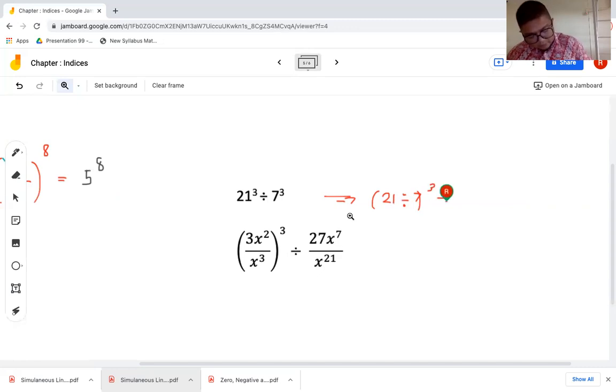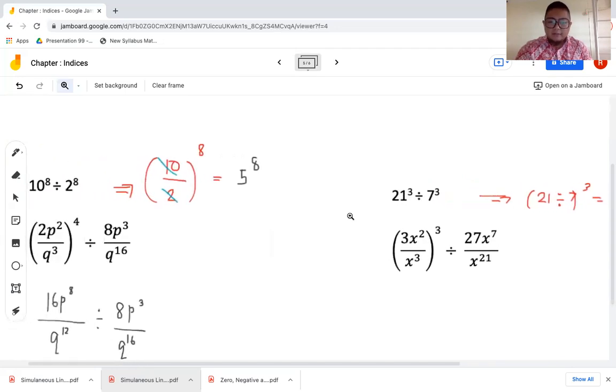So this is going to be 3 raised to the third power, which eventually will give us an answer of 27. Or if you were not asked to evaluate, then you will just have the answer like this.